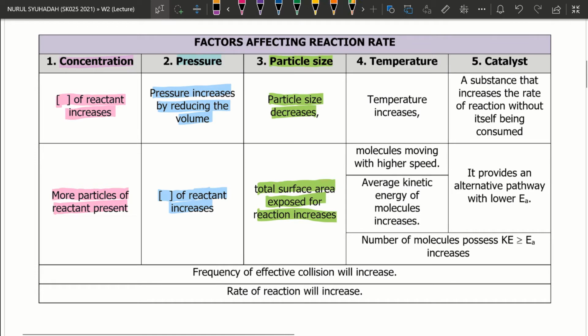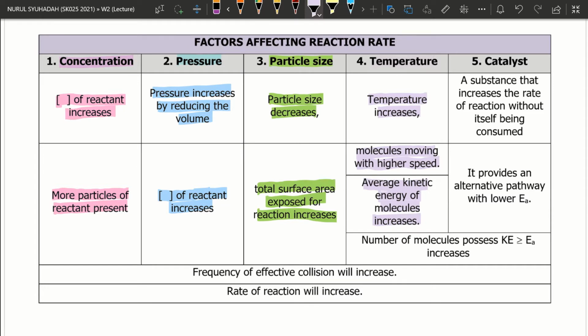The next one is the effect of temperature. So for temperature, how does temperature affect our rate of reaction? As the temperature increases, the molecules move with higher speed, or we can say that the average kinetic energy of molecules will increase.